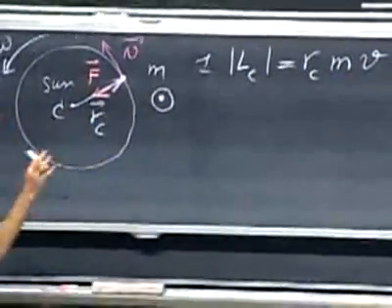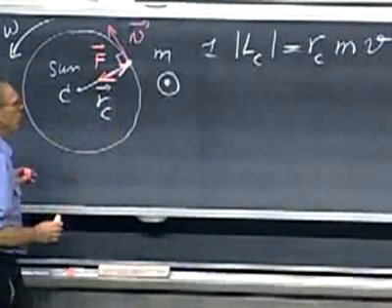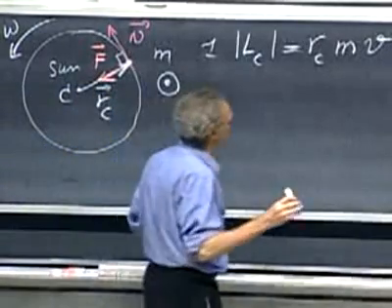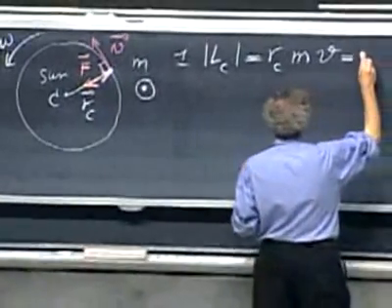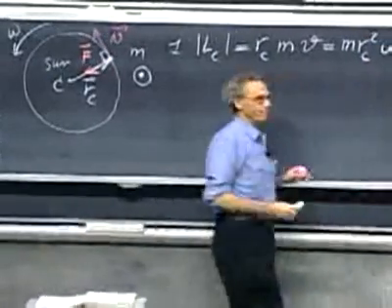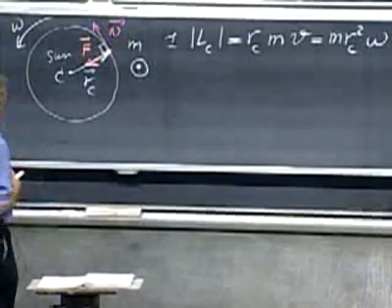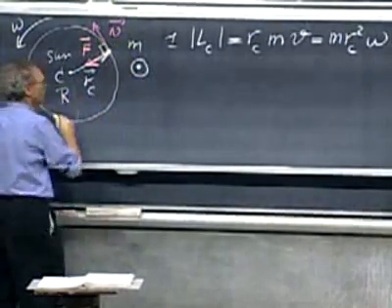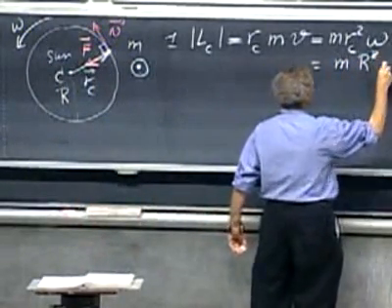And the reason why I don't worry about the cross product now is because this angle is 90 degrees, so the sine of theta equals 1. Now, we may not like to leave v in there. It's up to you. You can always write v equals omega r, so you can also write then m r_c squared times omega. Either one is fine. And if this is the radius of the circle, then this obviously becomes m r squared omega.